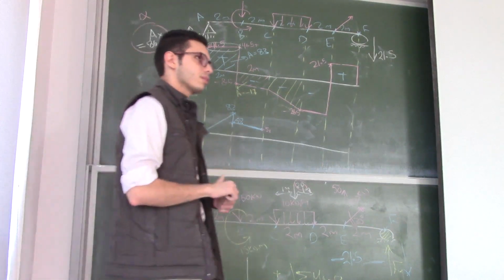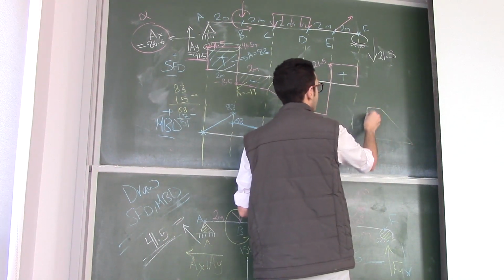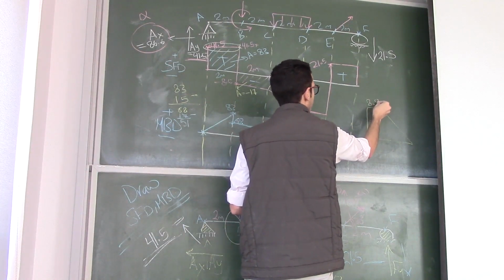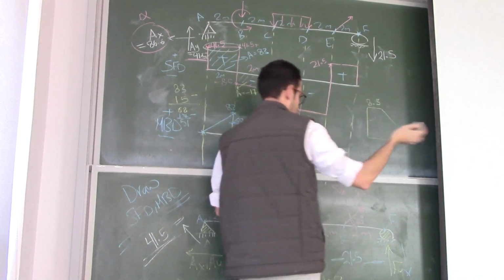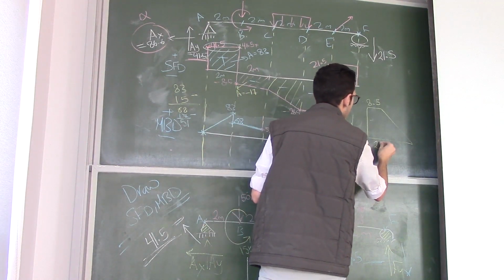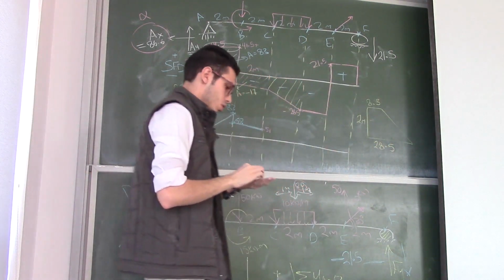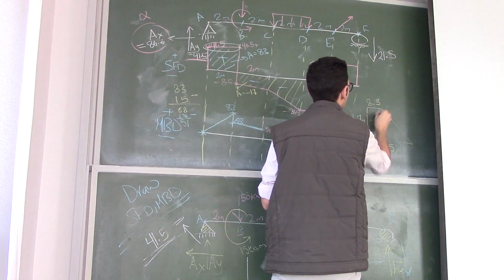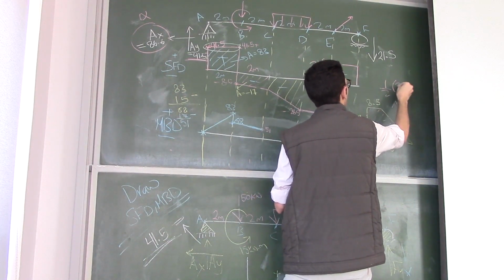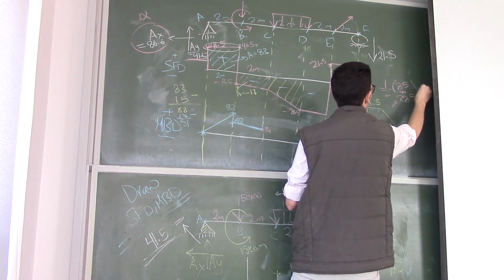Here it was 8.5, and this one is 28.5, and this one is 2 meters. So the area here is calculated by a half multiplied by 8.5 plus 28.5 multiplied by the height, which is 2.